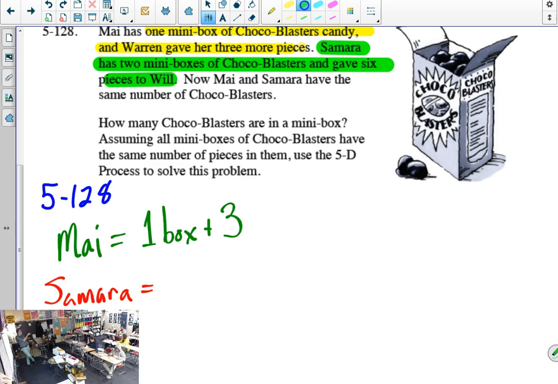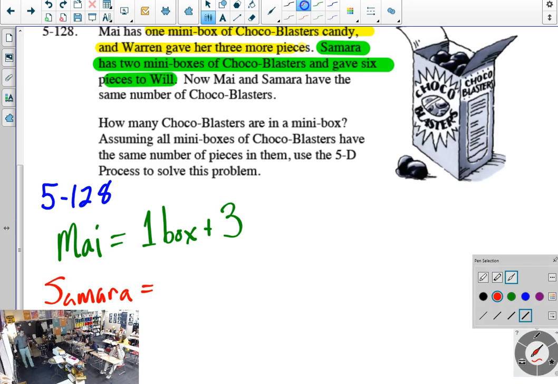How much does Samara have? Yeah, just getting your math book 10 minutes into class. Come on, guys. AJ, how much does Samara have? Oh, you don't have a math book either. So, AJ, get a math book.